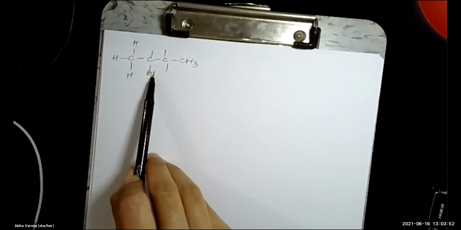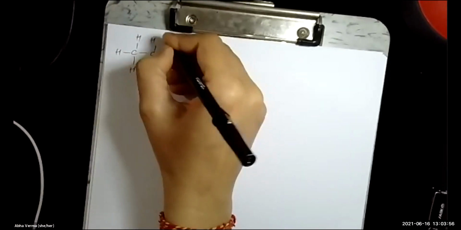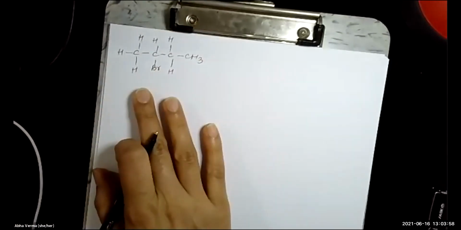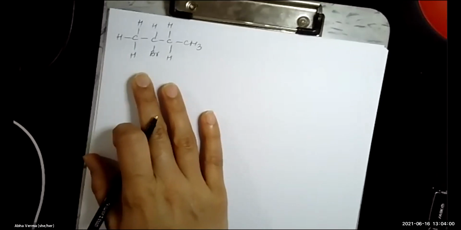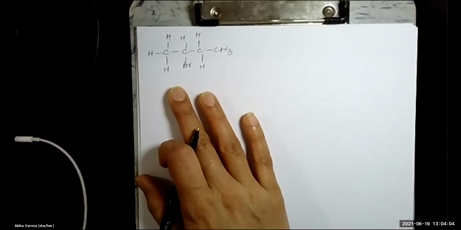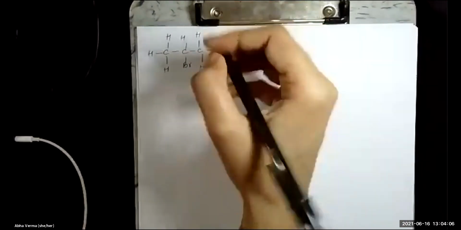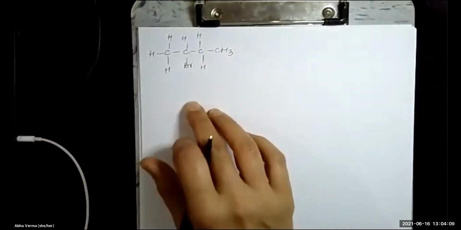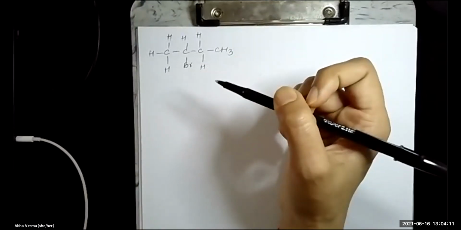Now, where is my leaving group? All of these are my hydrogens. Usually I will not draw out all of my hydrogens. Usually I will just make sure that I have bond line, and I would assume that you understand how many hydrogens are there on that carbon.